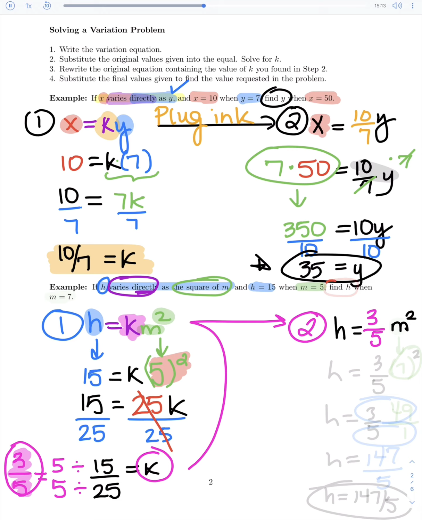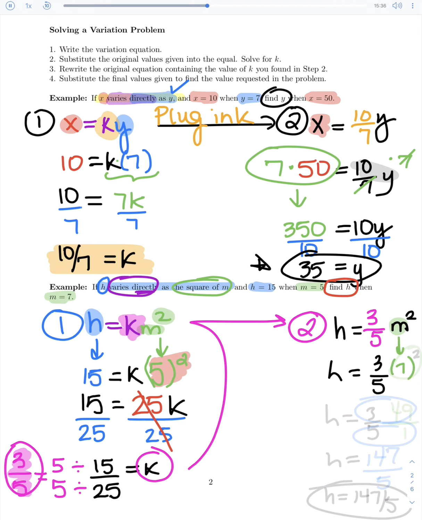They wanted one more thing. They said, okay, well, find h when m equals 7. So now plug in m equals 7, and we're going to find h. So we'll plug in 7 there for m, like they asked. So let's leave the 3/5 that we found for k, and now let's replace the m with 7, like they asked.